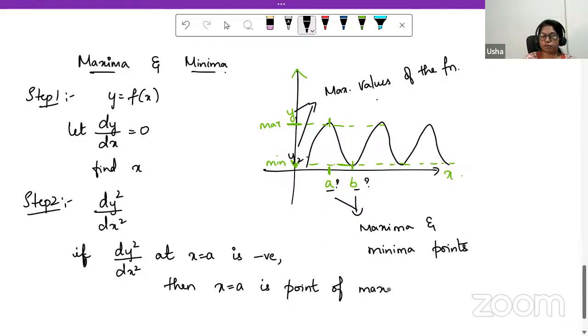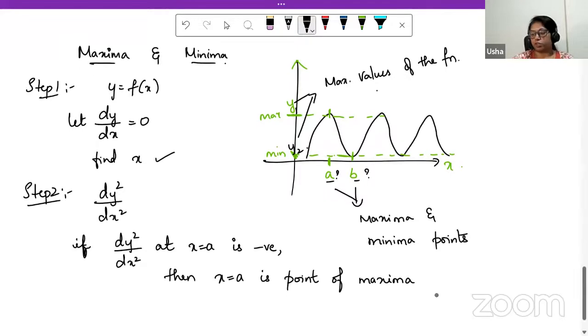Don't get confused here. You find d square y by dx square, and you would have got either one value or two values earlier. Substitute that value in d square y by dx square. If you get a negative answer, it is a point of maxima. If you get a positive value, that point is called a point of minima. This is the procedure. Hope the procedure is clear.